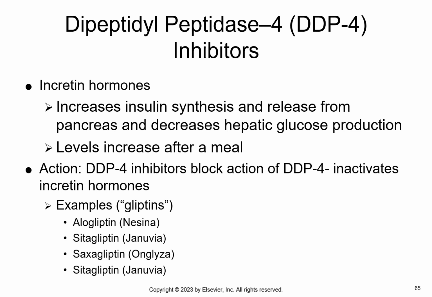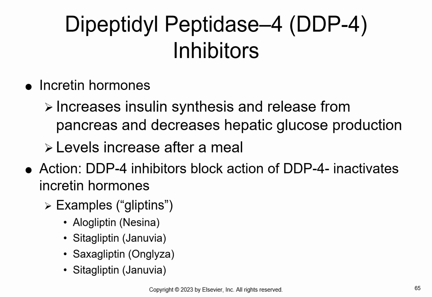The two main incretin hormones are gastric inhibitory peptide, or GIP, and glucagon-like peptide, GLP-1. They are quickly inactivated by the enzyme dipeptidyl peptidase 4.